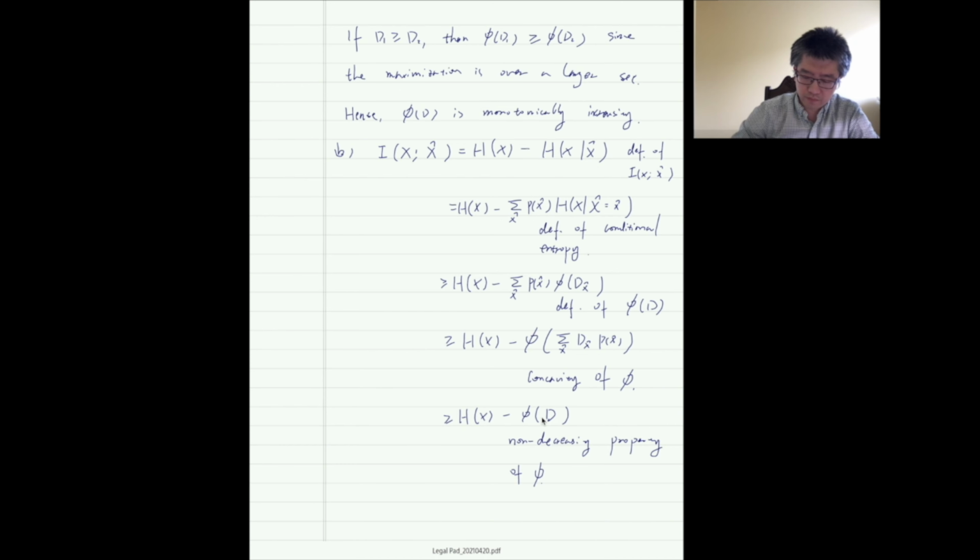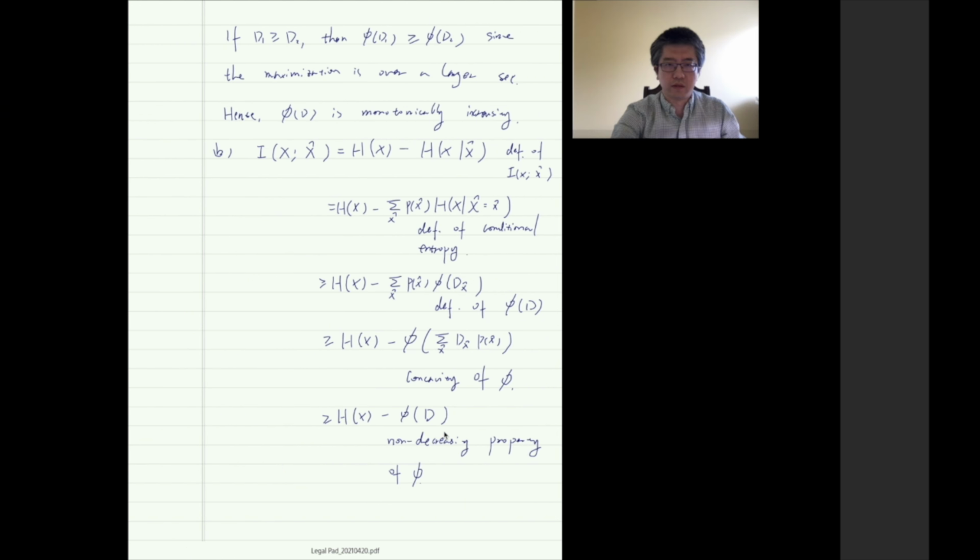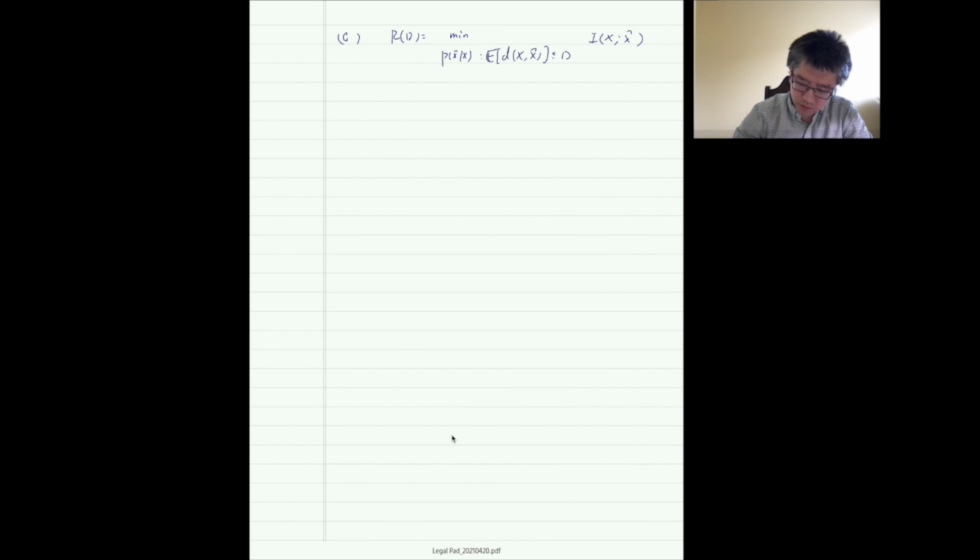In part B, we showed that this is bigger than or equal to this quantity. Therefore, it is bigger than or equal to this, and we can directly show that because we're under the same distortion definition here, no matter what this conditional probability is.